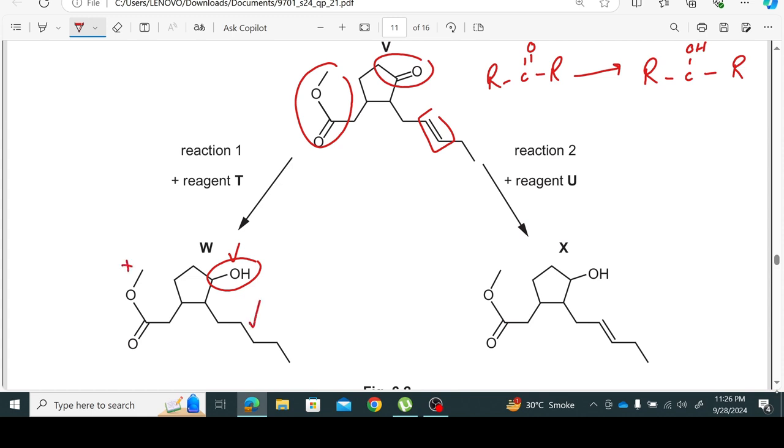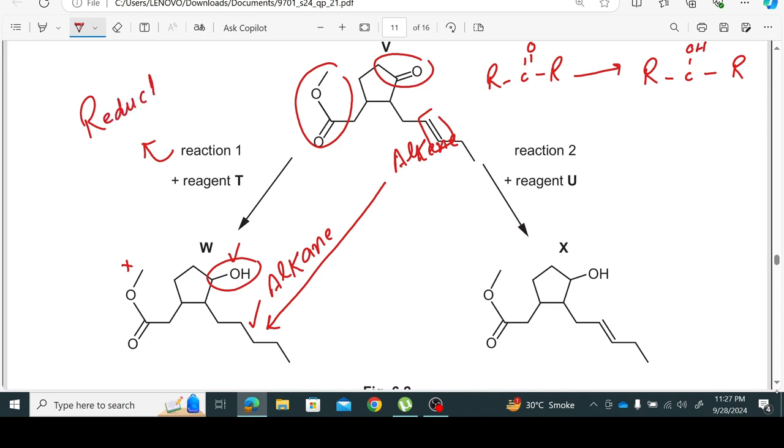Okay, so what is reaction one and its reagent? It is the reduction because you are reducing the carbonyl group into alcohol. And the carbon to carbon double bond, the alkene, is converting into an alkane chain. So the type of reaction is reduction.